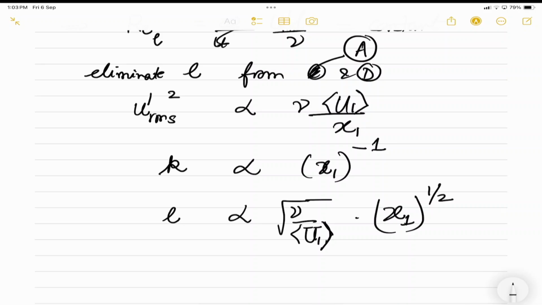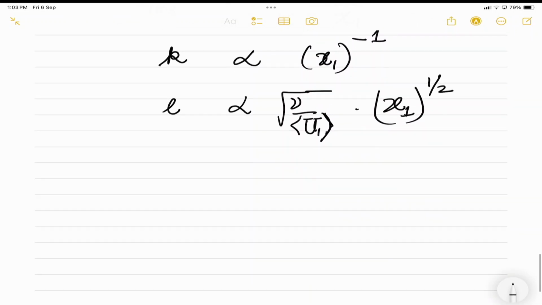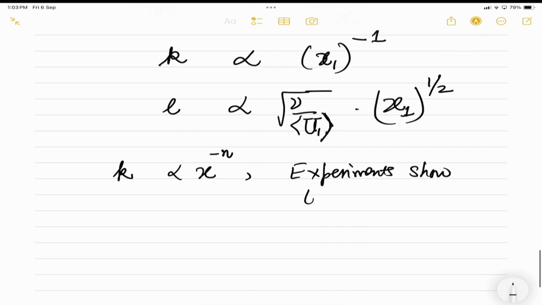Actually, if we say that this K, which we got, is proportional to x to the power of minus n, experiments show that n varies from 1.1 to 1.3.